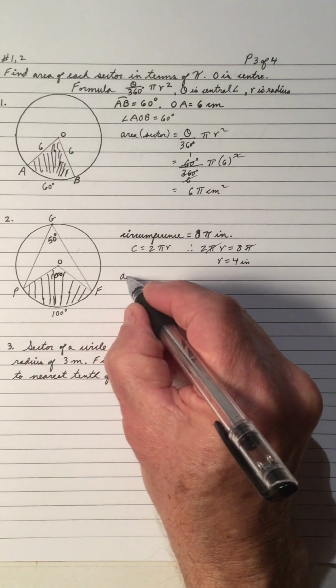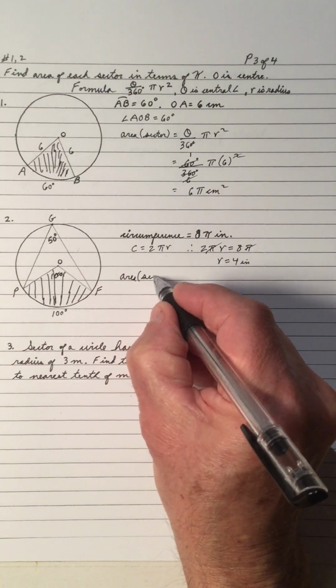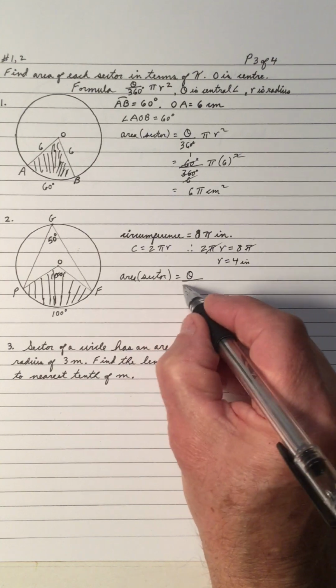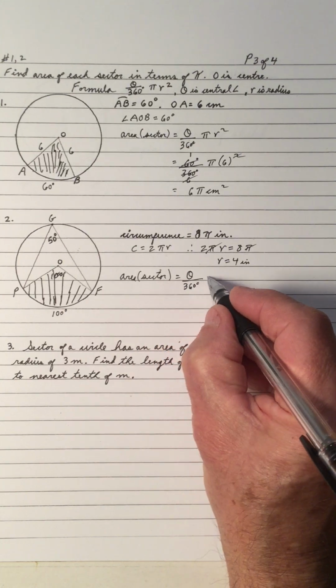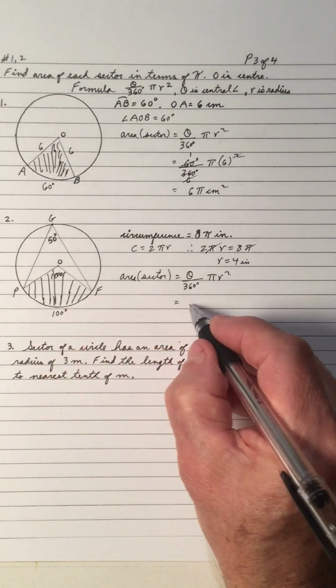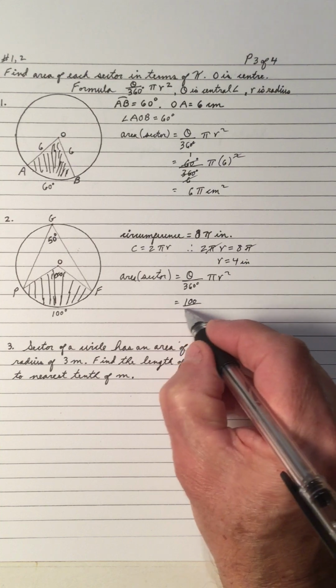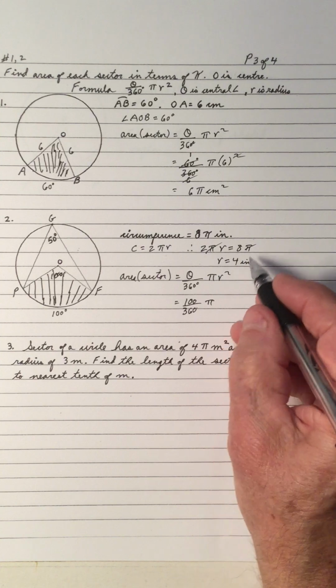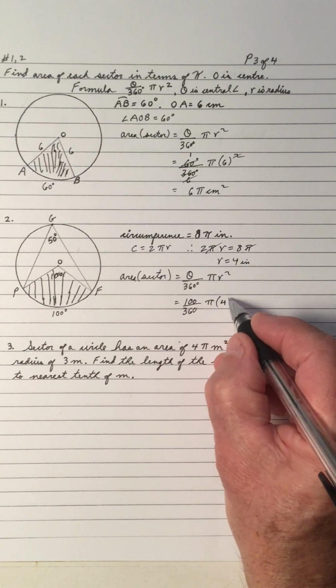So the area of a sector is theta, the central angle, over 360 degrees, times pi r squared. That makes the central angle 100 degrees over 360 pi, and the radius is 4, so it's 4 squared.